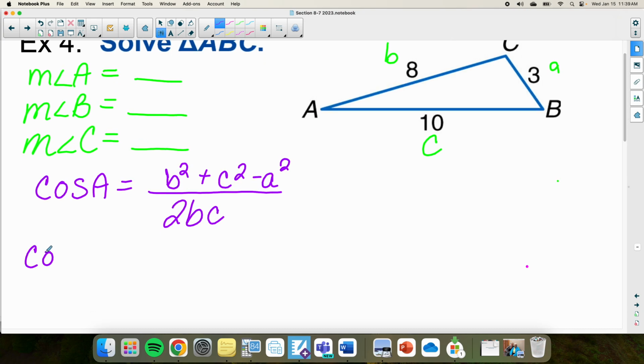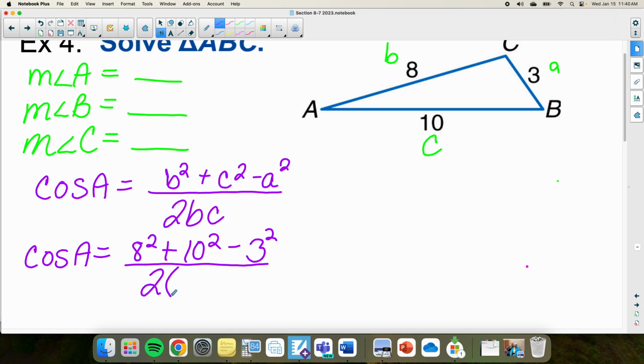Now let's plug in what we know. So I'm going to go cosine of A equals B is 8 squared, C squared would be 10 squared, minus A squared is 3 squared, all over 2 times B is 8, and C is 10. Okay?